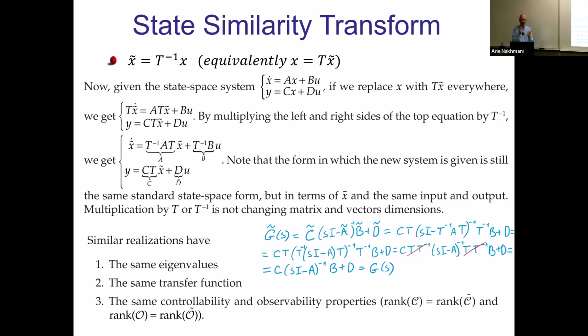And multiplication by a constant, you can take it out of the parentheses. So I haven't changed anything here, but now I can take T inverse from the parentheses to the left and T from the parentheses to the right. So this is what I will get: T inverse times sI minus A times T, all of that inverse, which is that inverse. And here I keep the same thing.